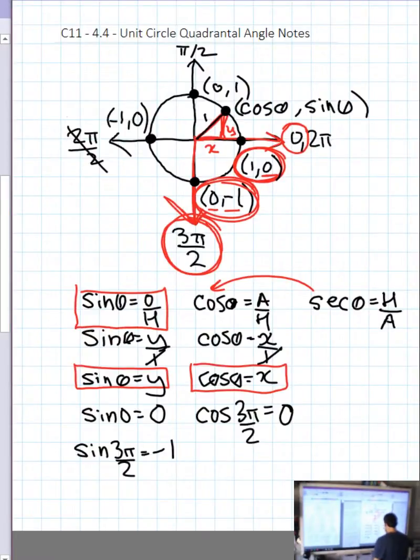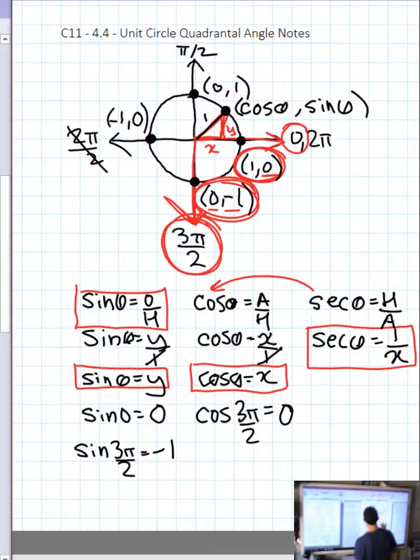Therefore, secant theta would equal the hypotenuse over the adjacent, or 1 over the adjacent x. Now, let's do an example for secant. And keep in mind, we do not need to memorize that formula. We can always work through it with SOHCAHTOA.